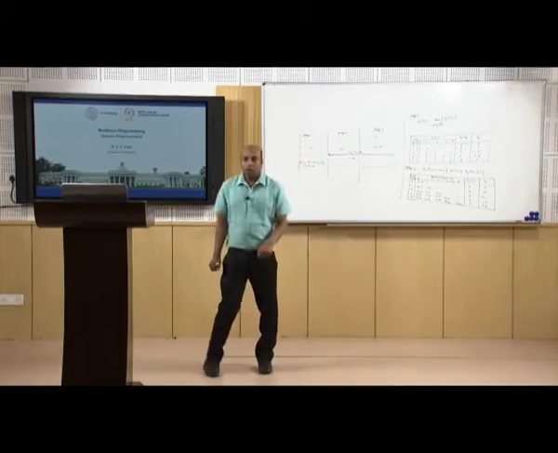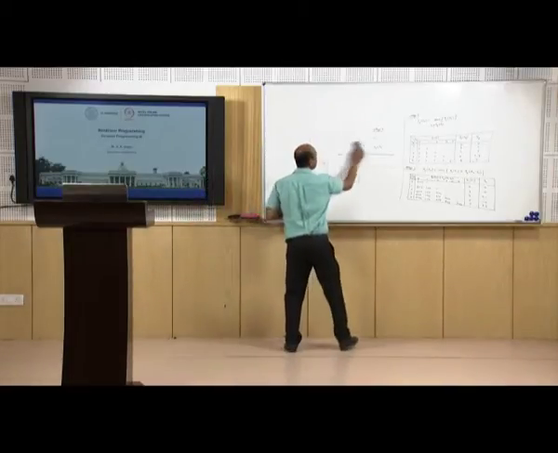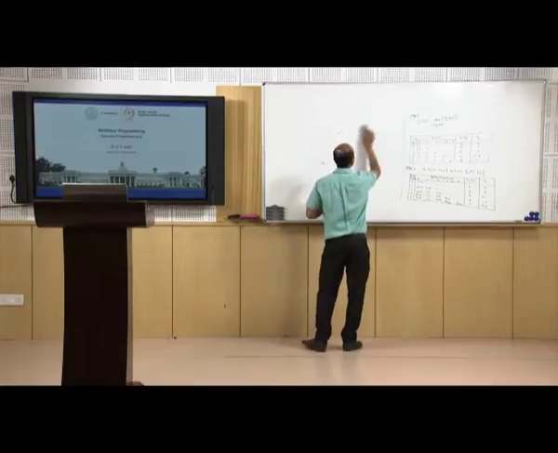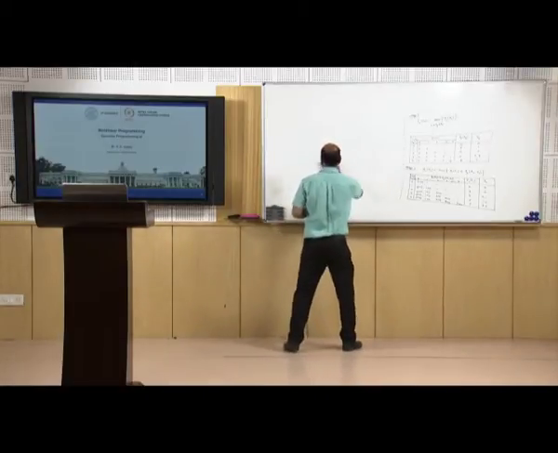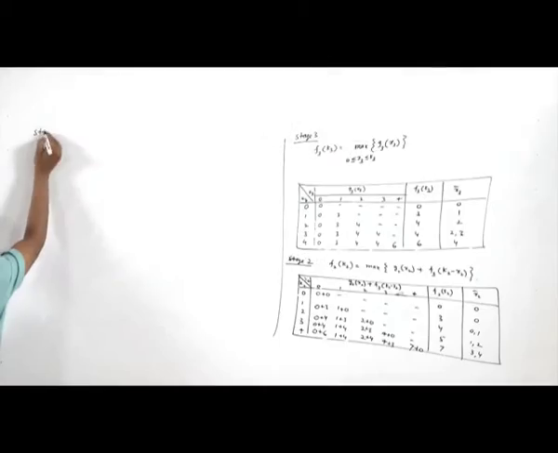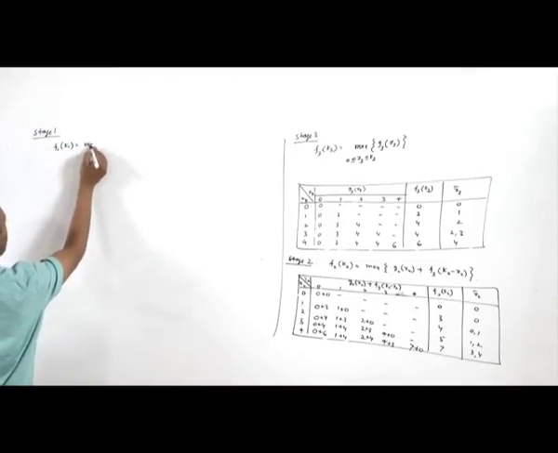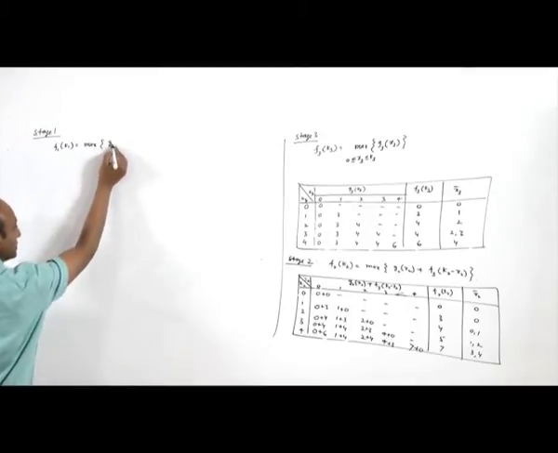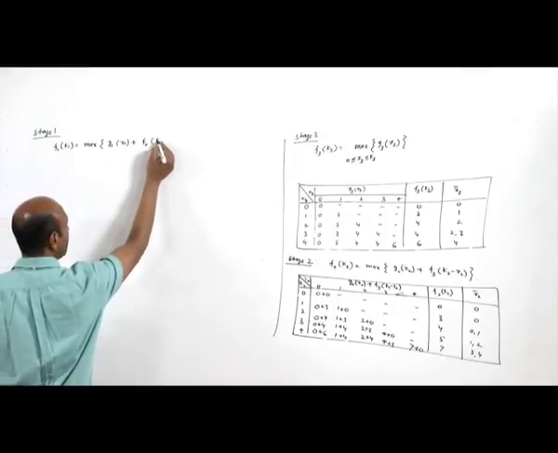Now for C, A and B, we will make the last stage with stage 1. And how can we do that? Stage 1. Again we can formulate a problem. It is F1 X1 which is maximum of G1 X1 plus F2 of K1 minus X1.